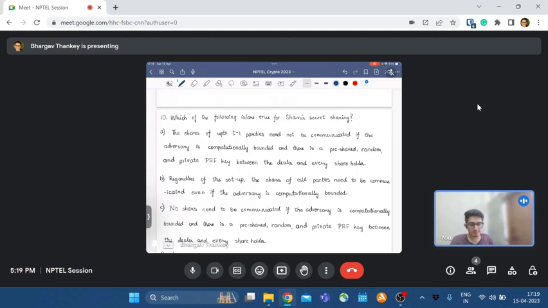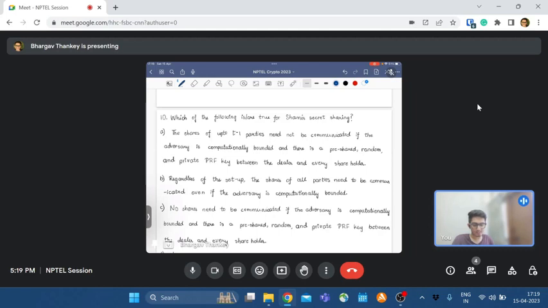Option A is the shares of up to T minus 1 parties need not be communicated if the adversary is computationally bounded and there is a pre-shared random and private PRF key between the dealer and every shareholder. Option B is regardless of the setup, the shares of all parties need to be communicated even if the adversary is computationally bounded.